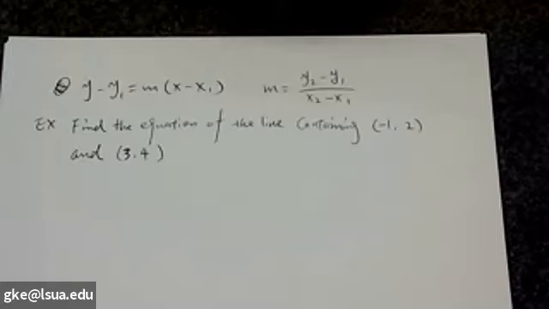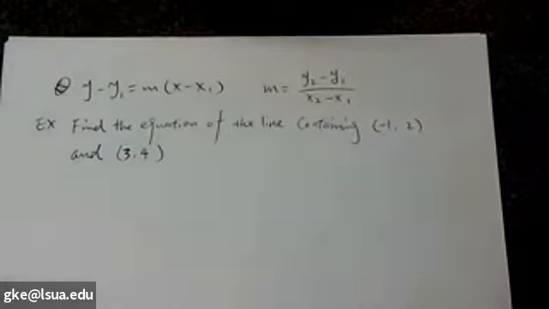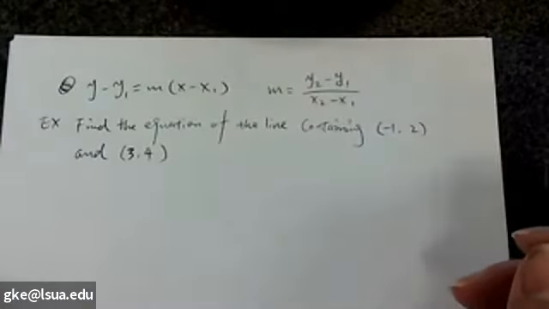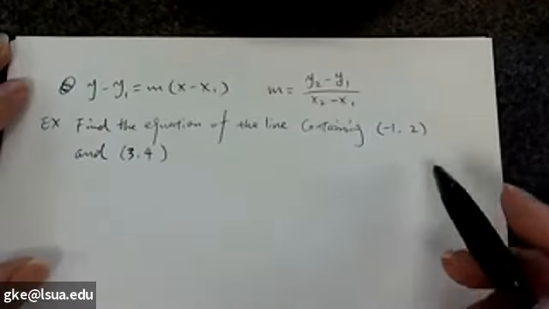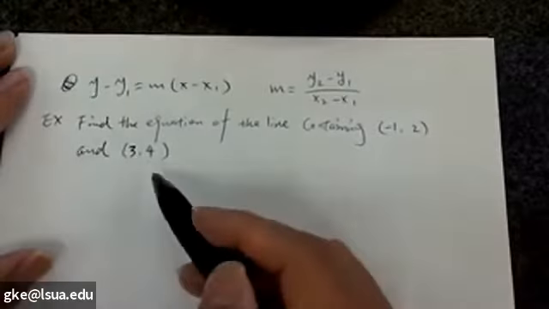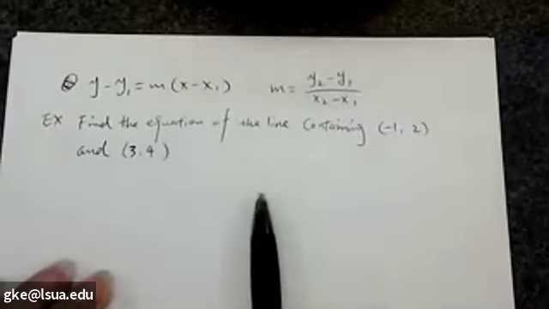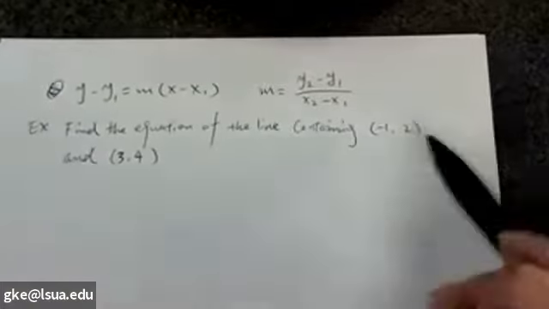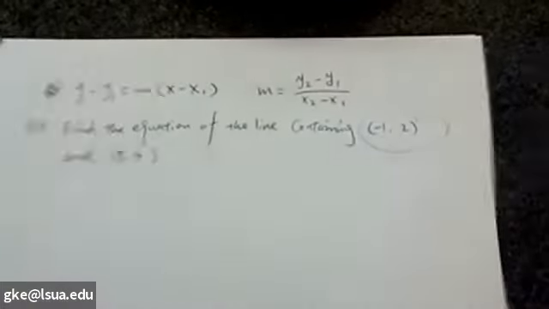Okay, now let me write down the answer on board. All right, so find the equation of line containing -1, 2, and 3, 4. All right, so for this guy, we know there's 1 point here, right?